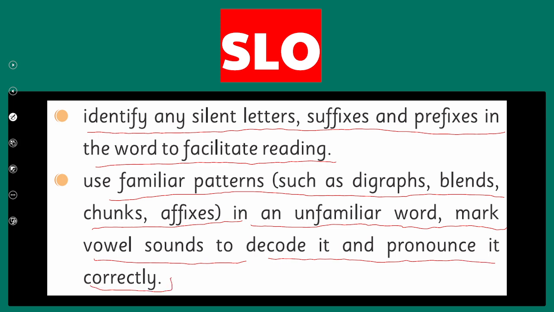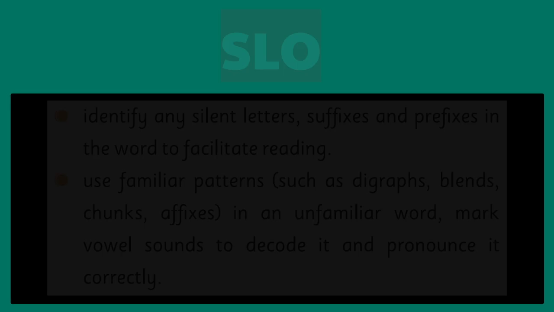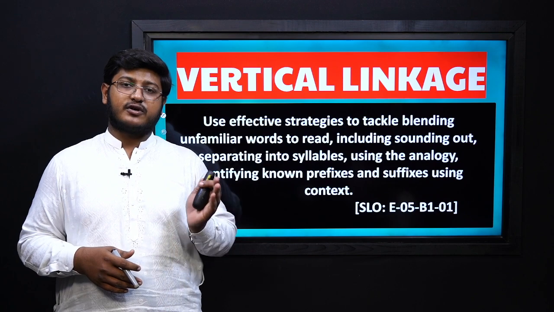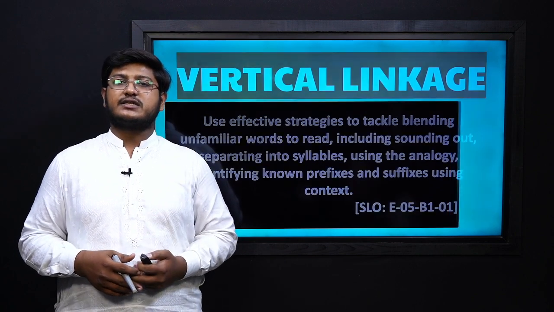So in this SLO we will focus on the affixes or the chunks of the language, or suffixes and the prefixes. Some of the other concepts we have discussed in the previous lectures and some of them we will discuss in further lectures. So let's go to the vertical linkage. I hope you have understood what the SLO is and what we have to focus on in this SLO. So here is the vertical linkage.